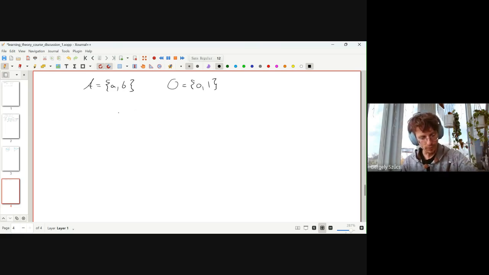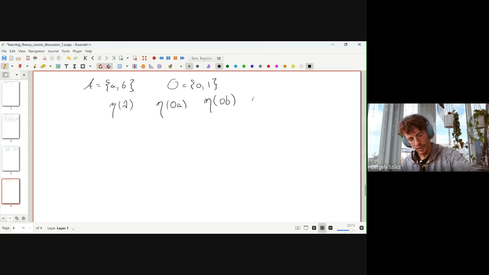In this case, we have to specify eta on the empty input, eta of 0A, eta of 0B, eta of 1A, and eta of 1B. These are different possibilities for the inputs of eta.